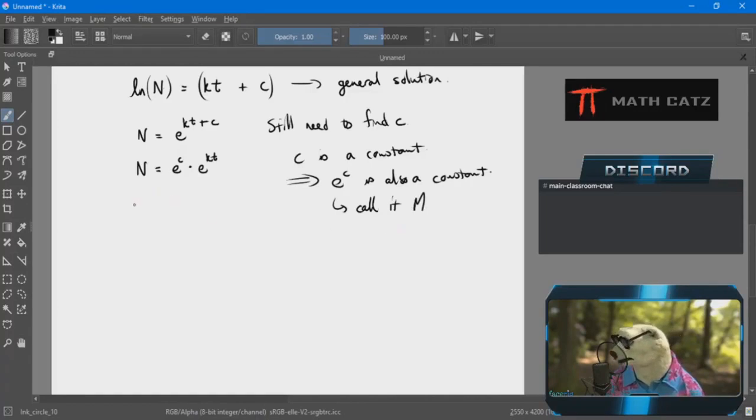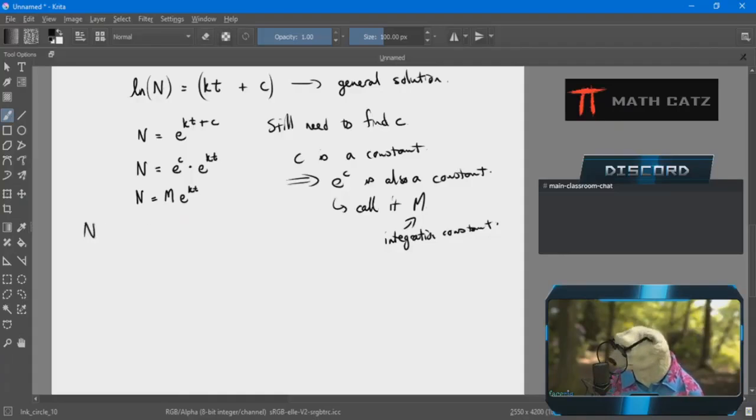Doesn't matter. Some books I've seen use an m, so let's use an m. So now m is just another version of my integration constant. This is still an integration constant, but soon it's going to be a much nicer version.